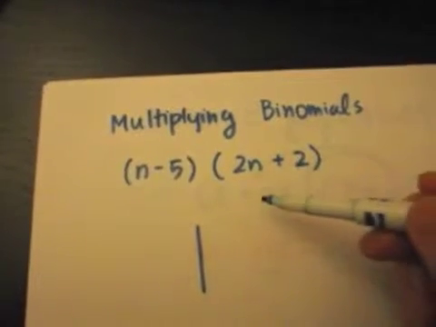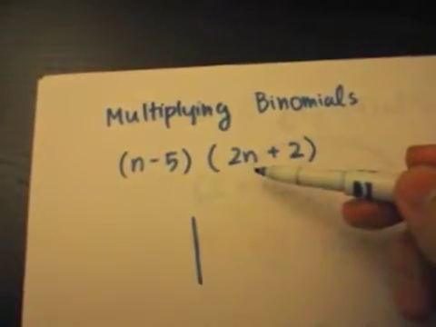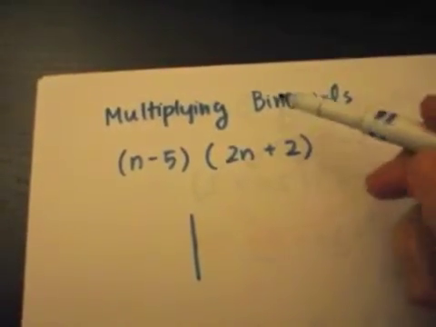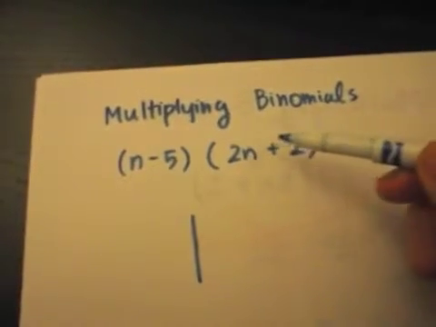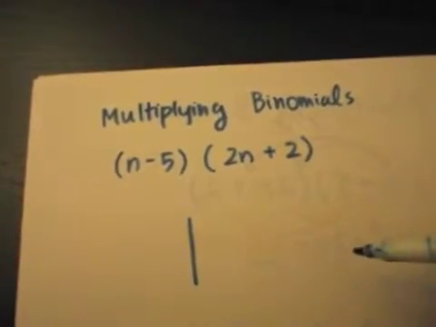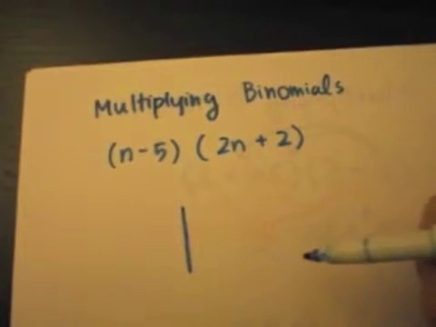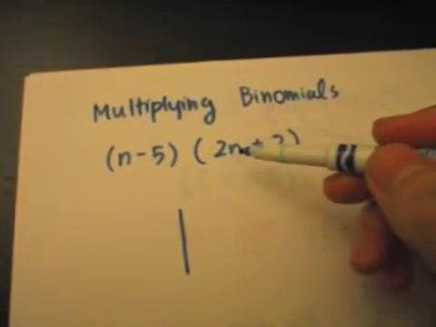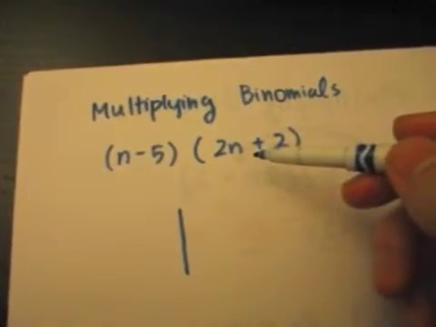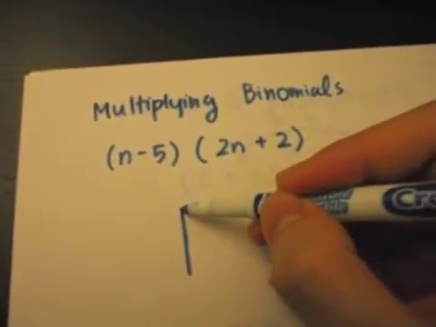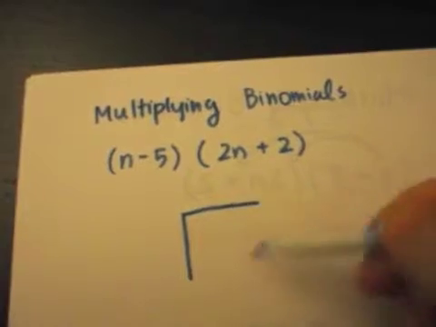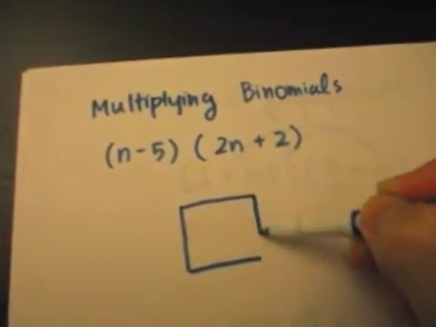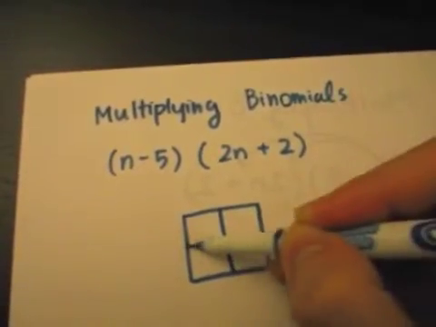I look at the second parentheses, and the second parentheses also has 2 terms. That's going to tell me how wide the box is going to be. So the box is going to be 2 units wide. It's going to be a 2 by 2 box that I'm making here.